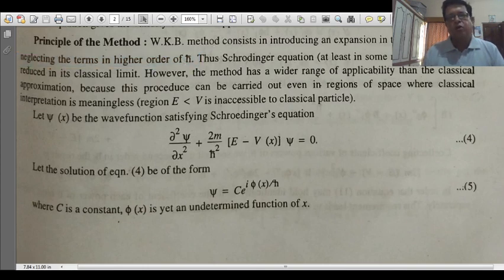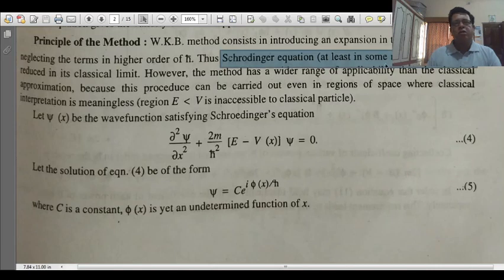Now, the Schrodinger equation, at least in some regions of space, reduces to the classical limit.